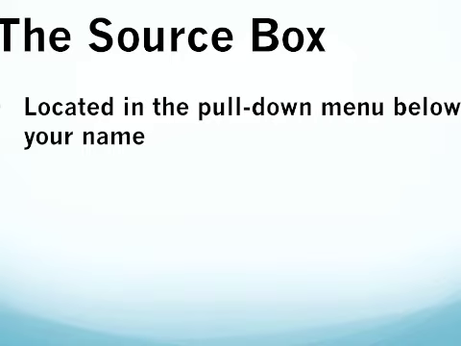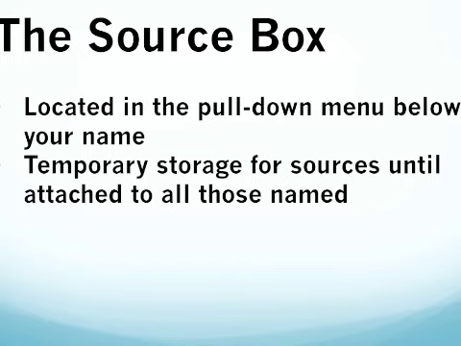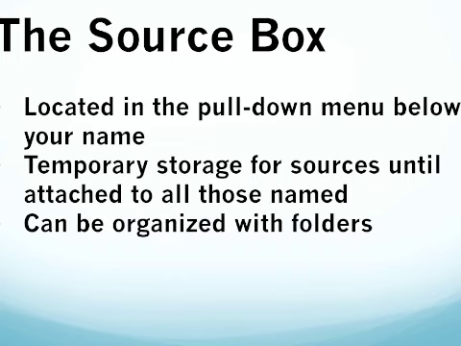You can keep items in your source box as long as you wish or remove them when the source has been attached to all of the individuals mentioned in the source. Sources can come from within FamilySearch or from outside sources. You can also organize your source box with folders.